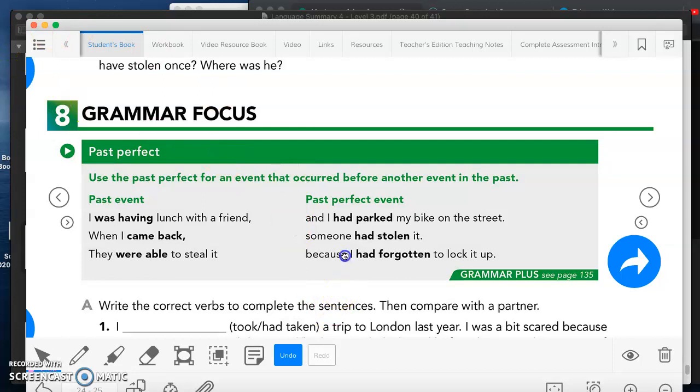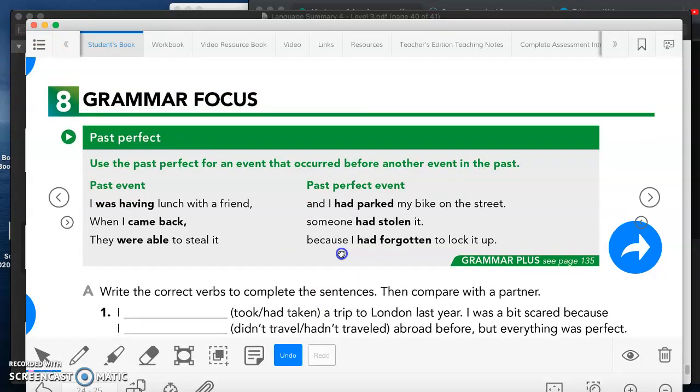But basically, this is what we use it for. If you're going to talk about two events in the past, but one of them happened before the other one, that's when we use the past perfect. Like here, I was having lunch with a friend and I had parked my bike on the street. That means that I arrived, parked my bike, and then I had lunch, which is basically what this tense does.